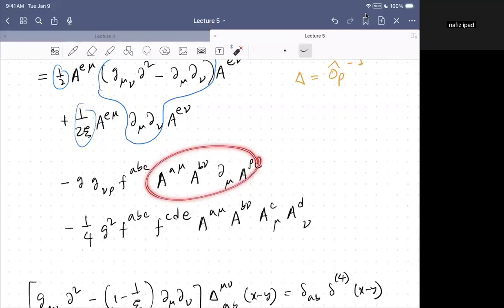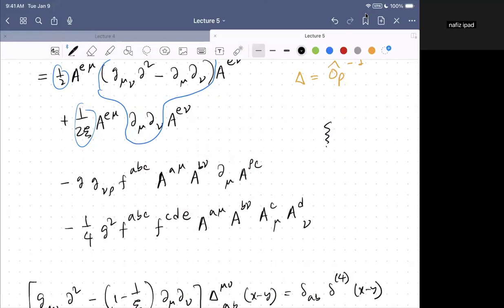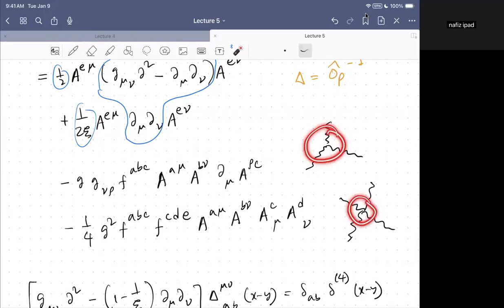So for example, from this term, you get an interaction term in your Feynman diagram that is trivalent in the gauge field. And from here, you get an interaction term that's quartic in the gauge field. Okay.